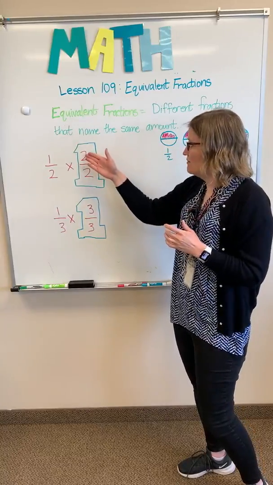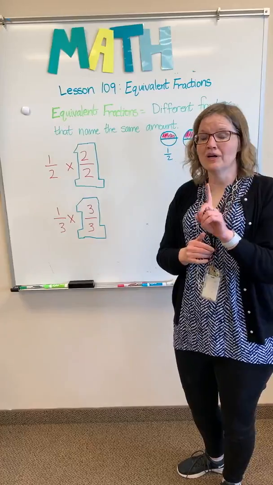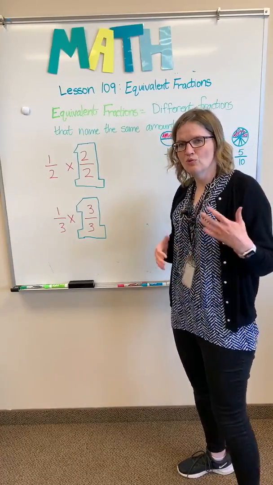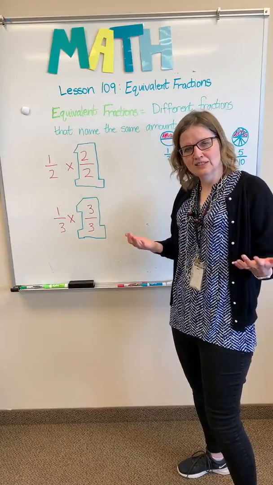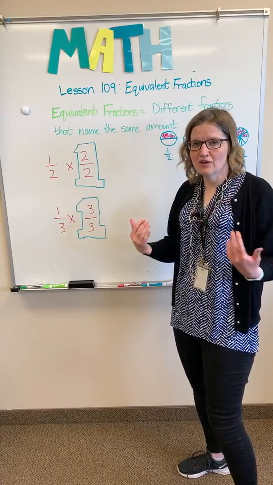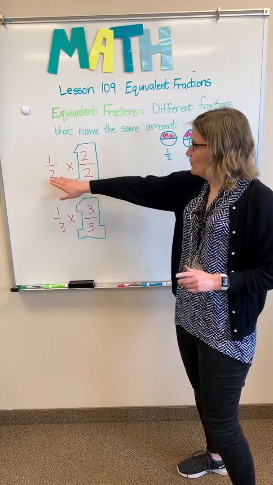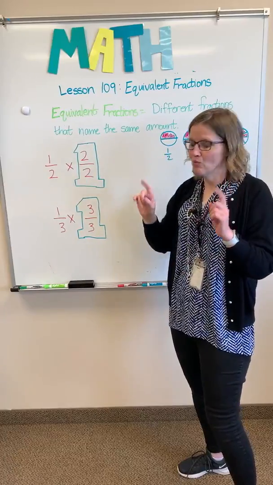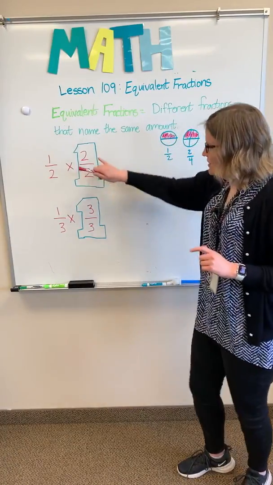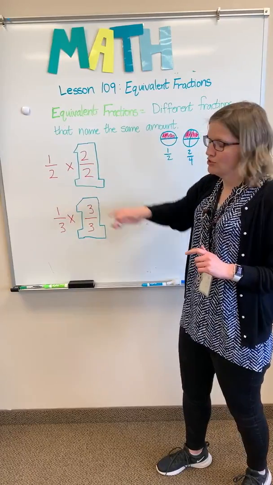So you can have 1,000,000 over 1,000,000 and its value will be 1. We also know that when we multiply anything by 1, it stays the same value. So we are going to mess around with 1/2, and we're going to multiply it by 1, only we've said 1 as 2 over 2.